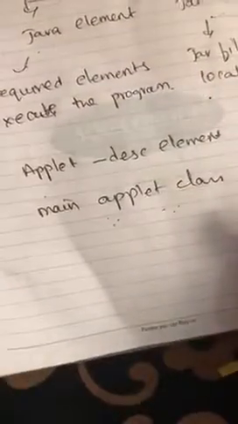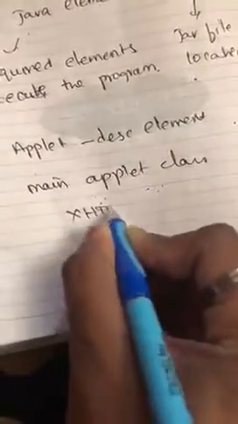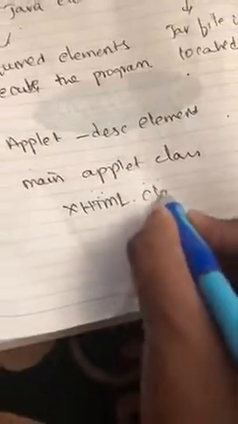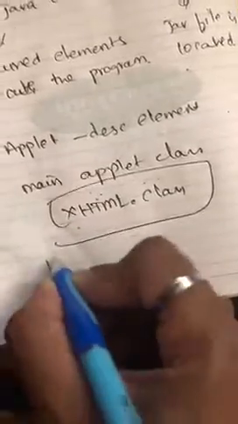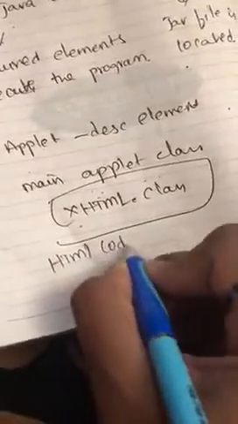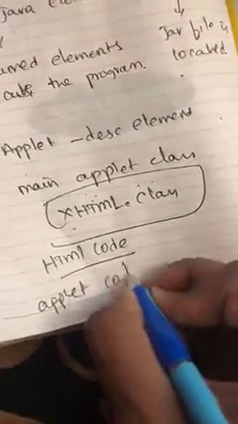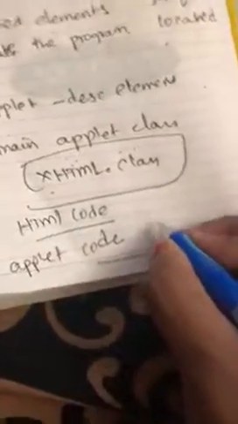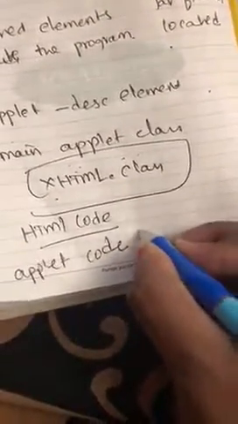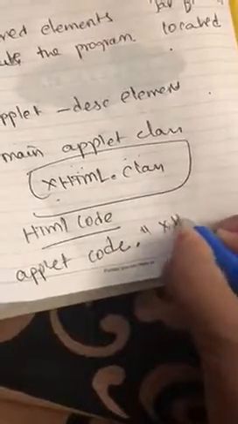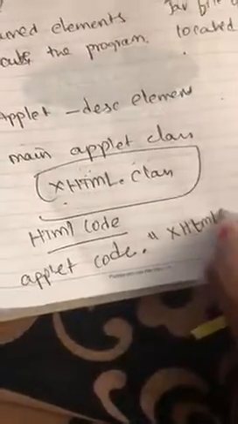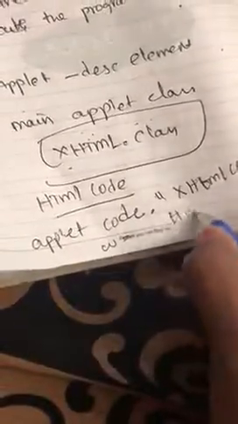For example, if we give the name of the Java code as xhtml class dot class, we need to write this in HTML as applet code equals the class name dot class, and then we need to mention the width and height.